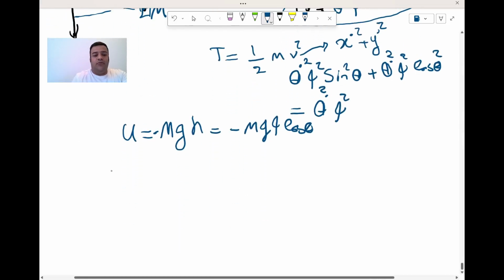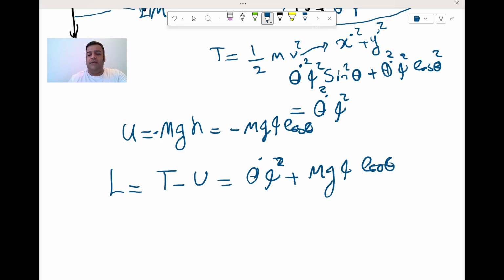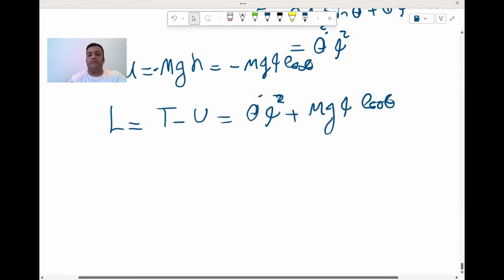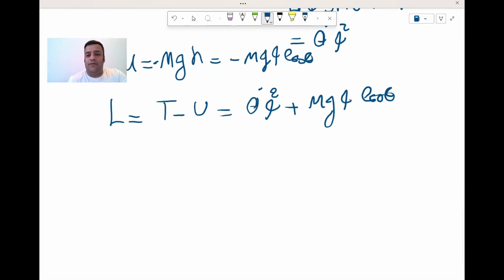Okay, let's write the L because we need it in our equation, T minus U, which is one half m theta dot squared L squared plus mgL cosine theta. Am I right? Okay. I think my handwriting is a little awful.